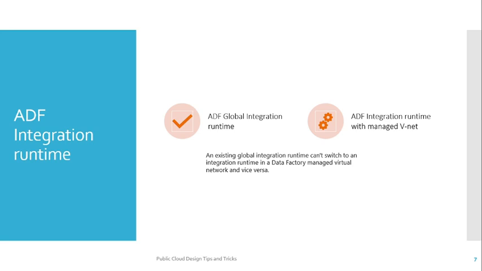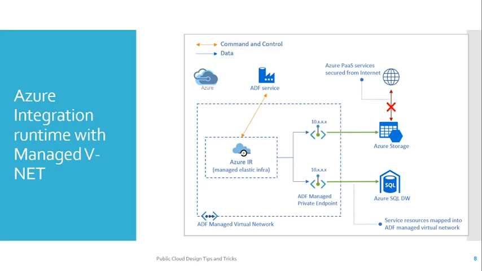So let's try to understand the integration runtime with managed VNet, as in this diagram, which I have also extracted from a Microsoft document. Data Factory is a PaaS service which sits in the public area. That means the command and control plane sits in the public area, and the integration runtime you define should be a managed one, sitting inside the virtual network, which is also managed by Microsoft Cloud.